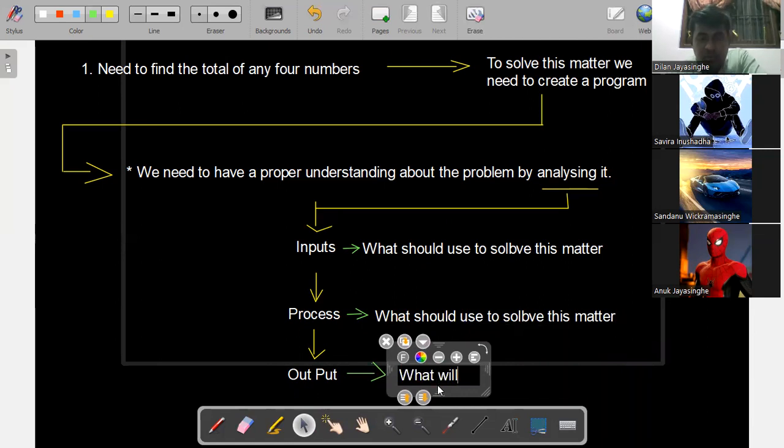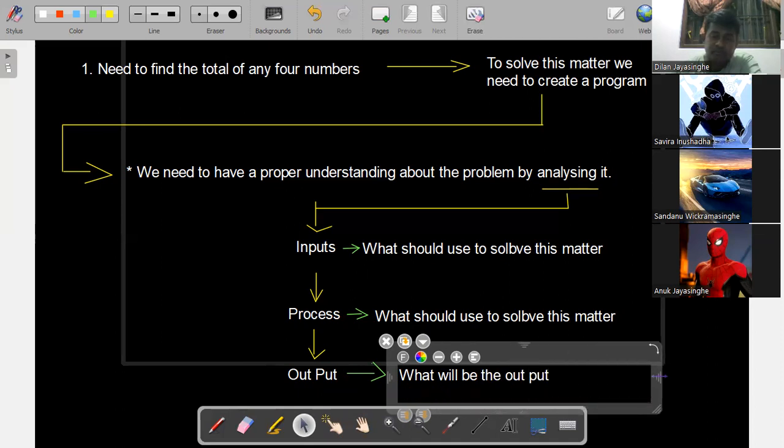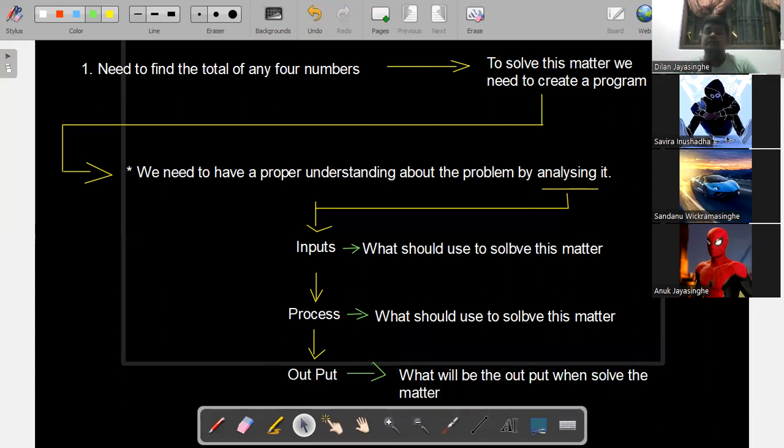What will be the output when the matter is solved? The analyzing part is this. Understood this now? It's clear.